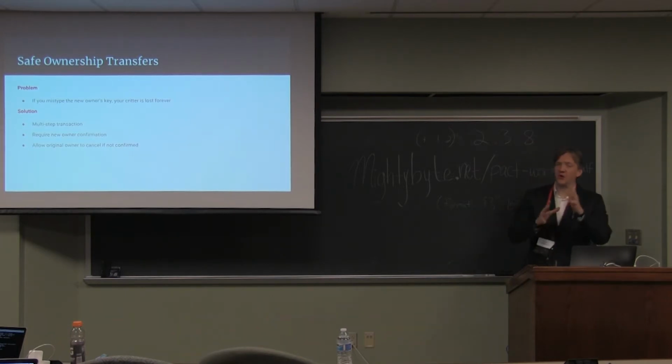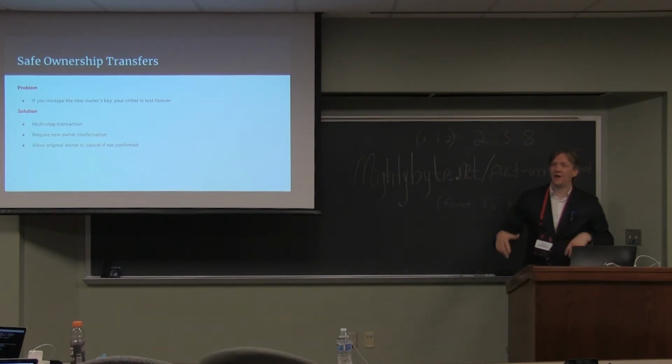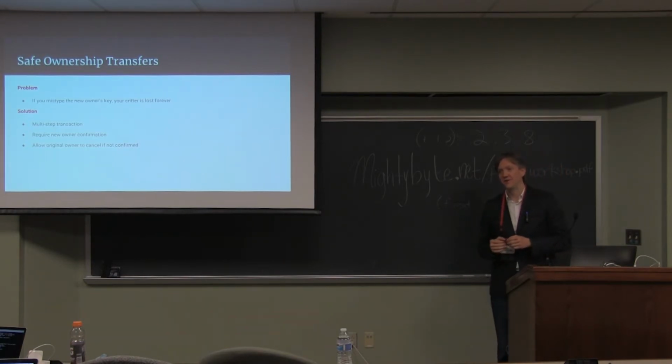That's the first step. The owner of the critter says transfer critter key, and in order to complete the transfer, the critter stays owned by the original owner until the new owner calls complete transfer.